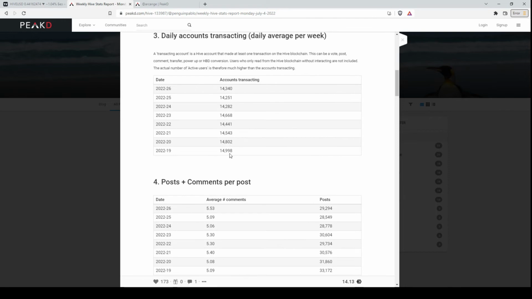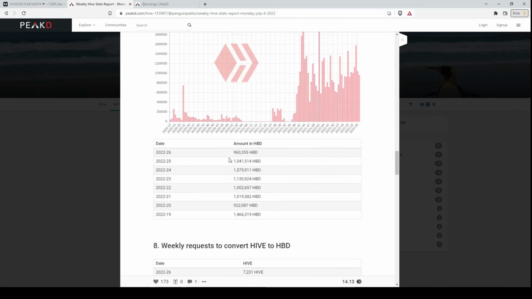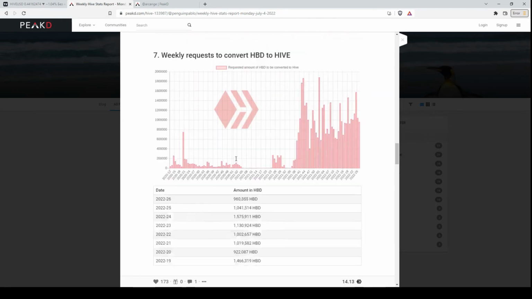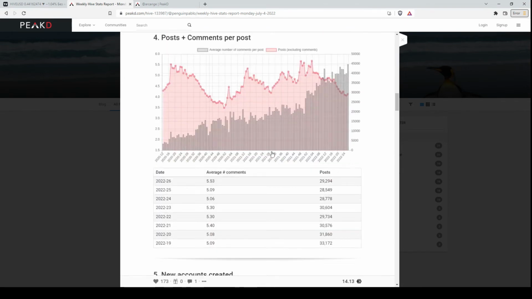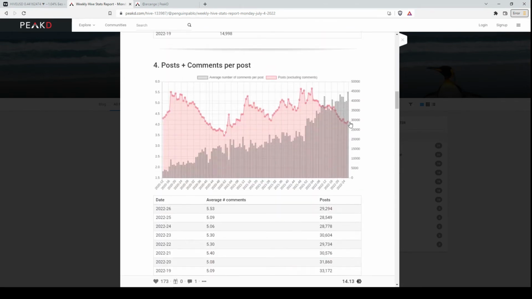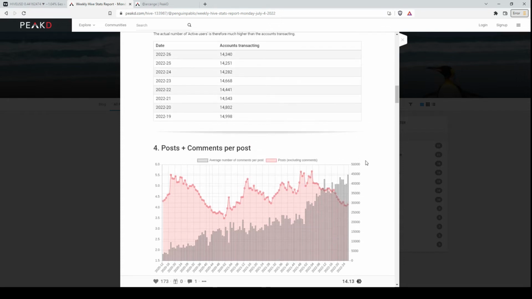So if we have a look at these metrics, we can see that the number of active users or the number of posts is declining, so it puts pressure on the price because we have less activity on the blockchain. So this is a sign that fewer users use the HIVE ecosystem at the moment as a blogging ecosystem.